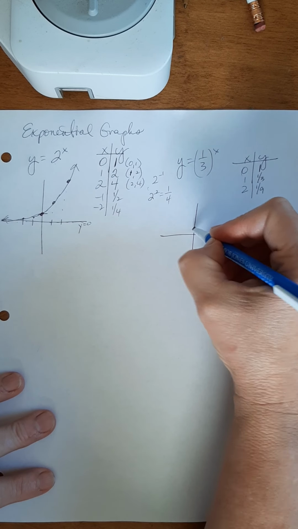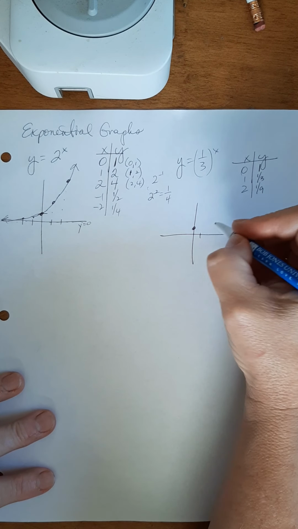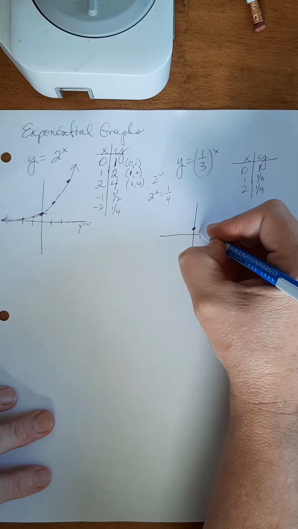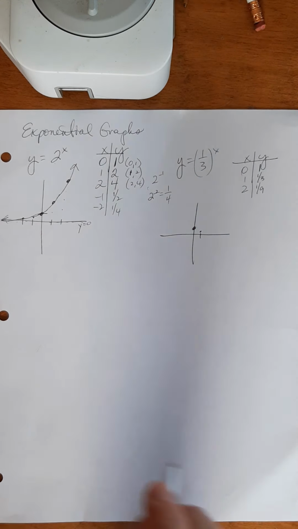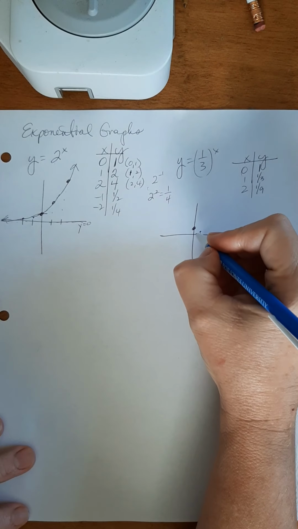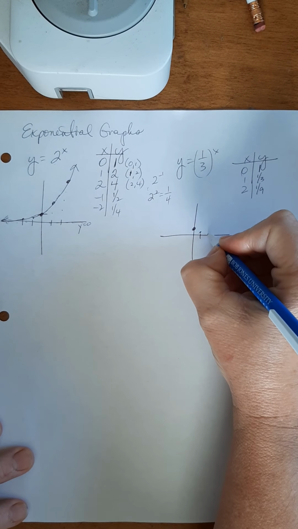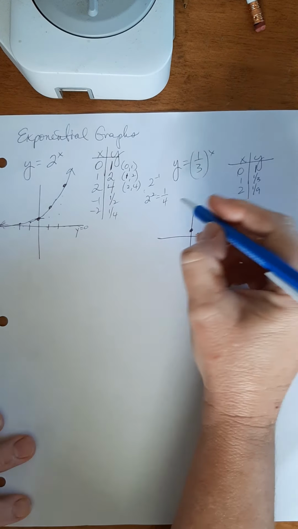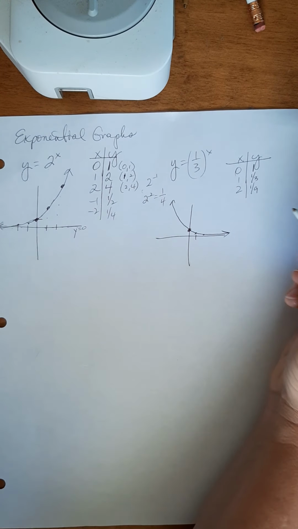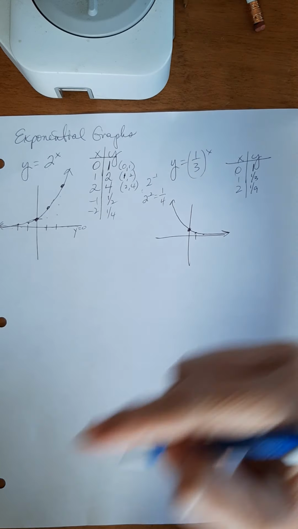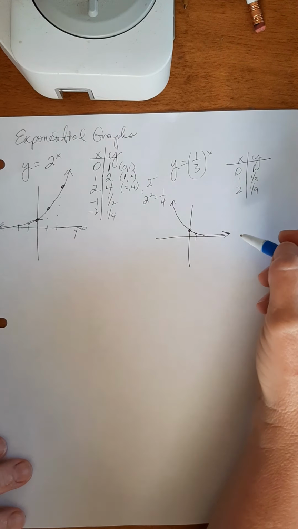So 0, 1, 1, 1/3, and 2, 1/9. You just eyeball it there. Notice how this one is swooping down to the right.